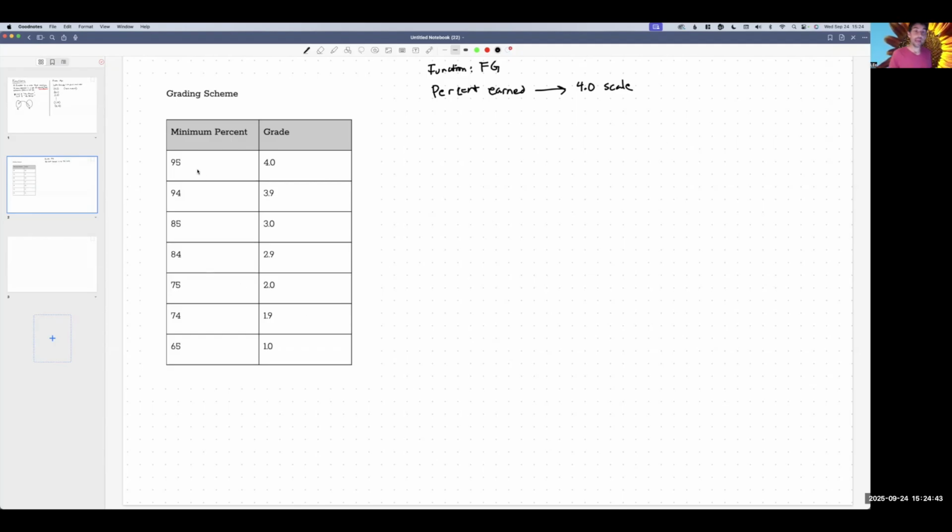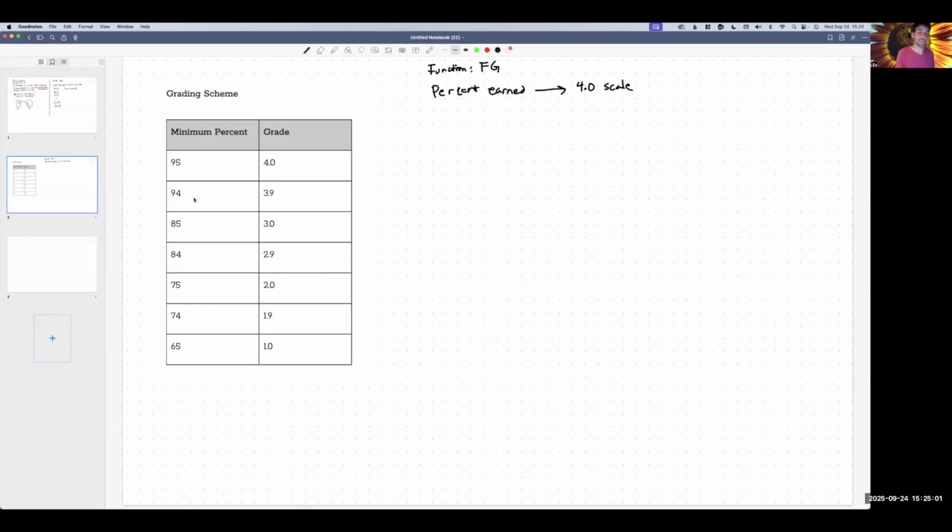I haven't listed all of the values. The inputs are going to be your percentage, and that's any value between 0 and 100, not just whole numbers. You can earn a 95.653 in this class.